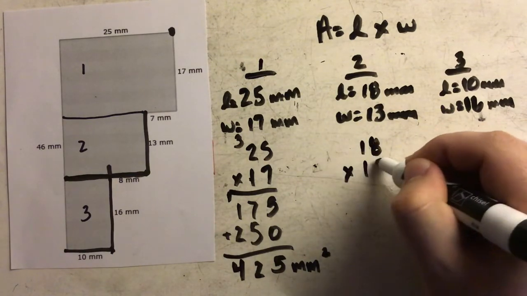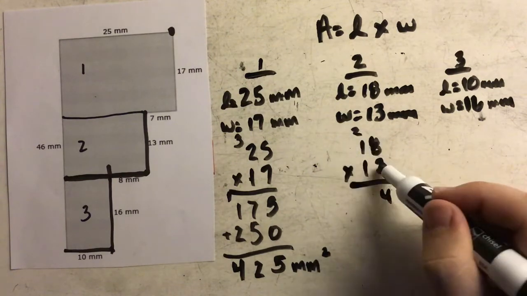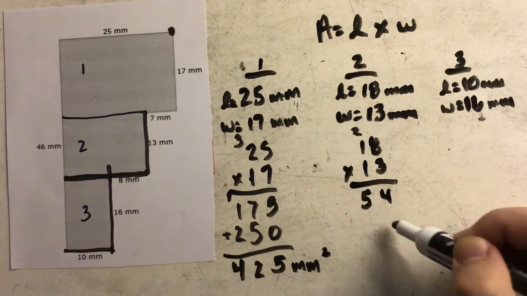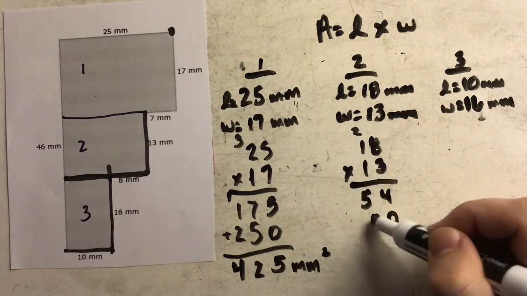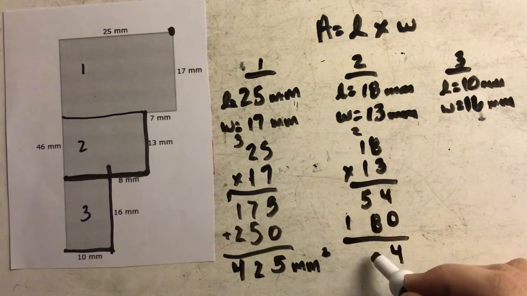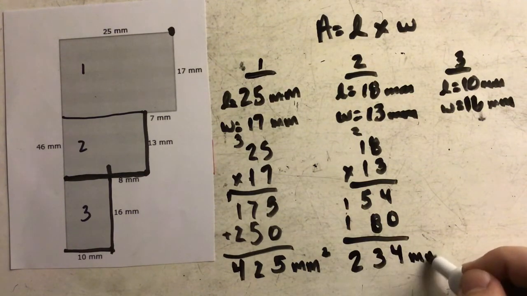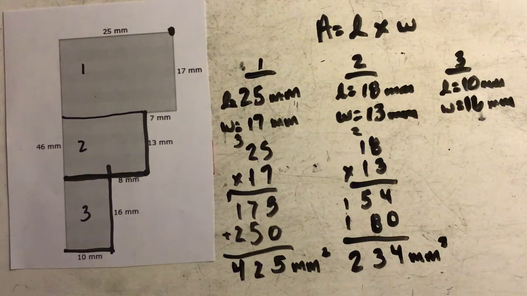18 times 13. So I have 8 times 3 is 24. 3 times 1 plus 2 is 5. 1 times 8 and 1 times 1. And when I combine these, I come up with 234 millimeters squared.